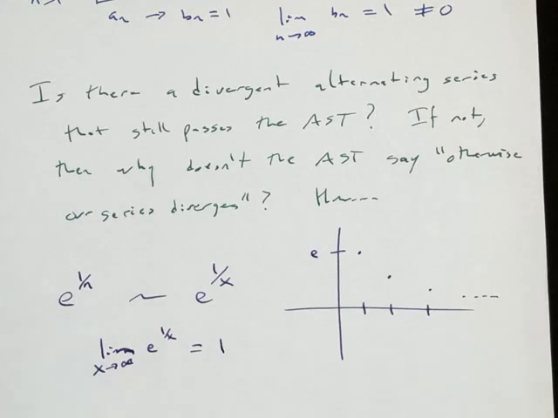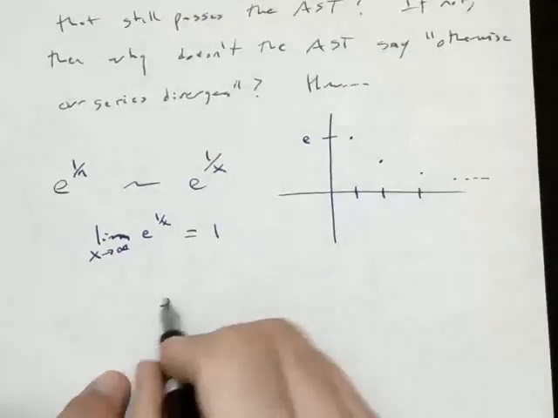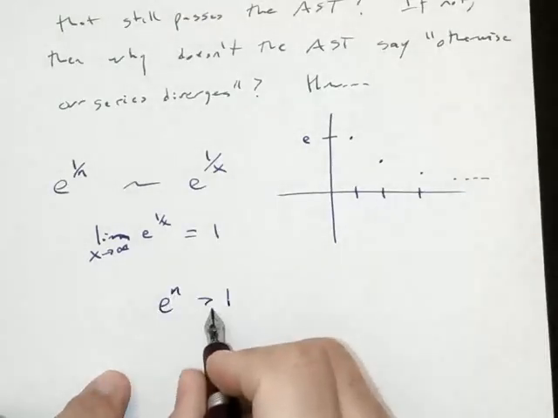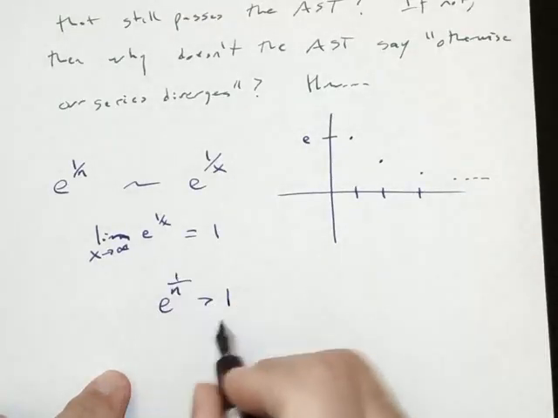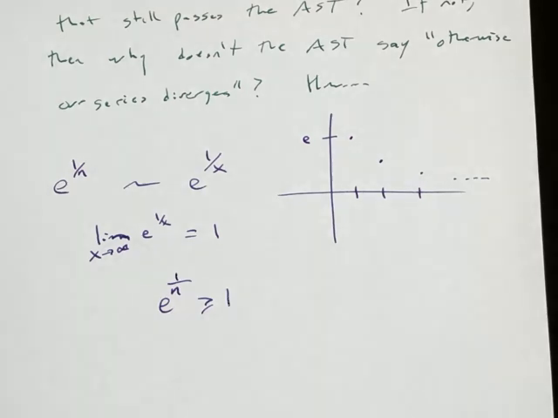Okay, wait a second. We start out above 1. We keep getting smaller. We're bounded by 1. So this expression, e to the 1 over n, is always bigger than or equal to 1. Now I have something to compare to. If this is true, what can you tell me about the piece in the series?